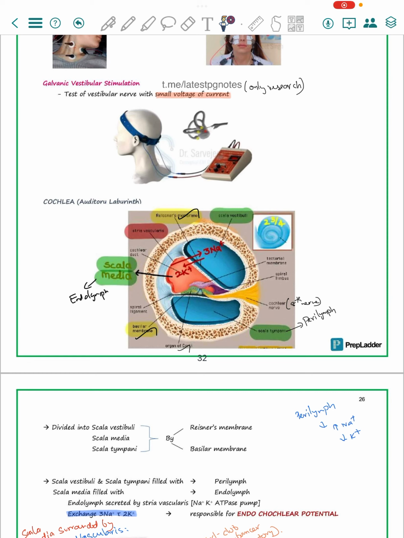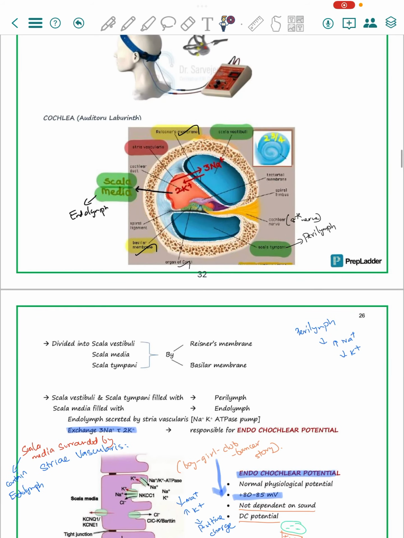Between them is the endolymphatic space. The basilar membrane carries the important organ of hearing, the organ of Corti. The lower portion, between the bone and the basilar membrane, is the scala tympani. Between the bone and Reissner's membrane is the scala vestibuli, and the endolymphatic space is the scala media, containing endolymph, guys.